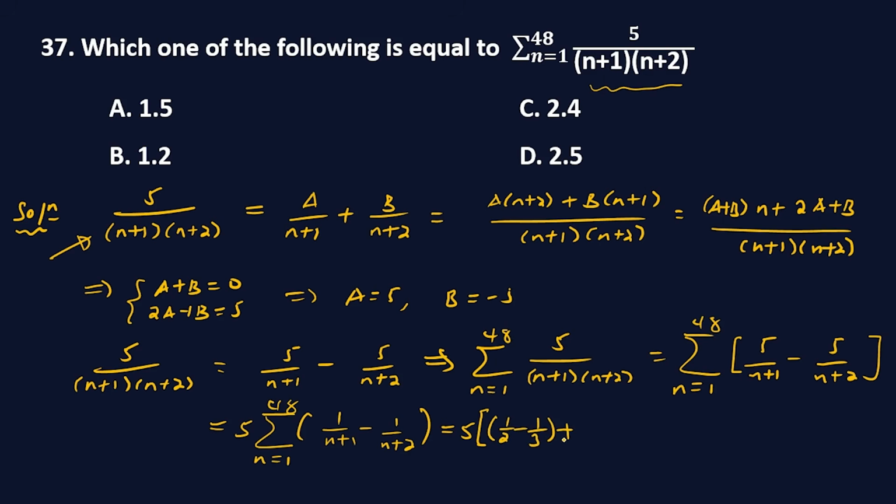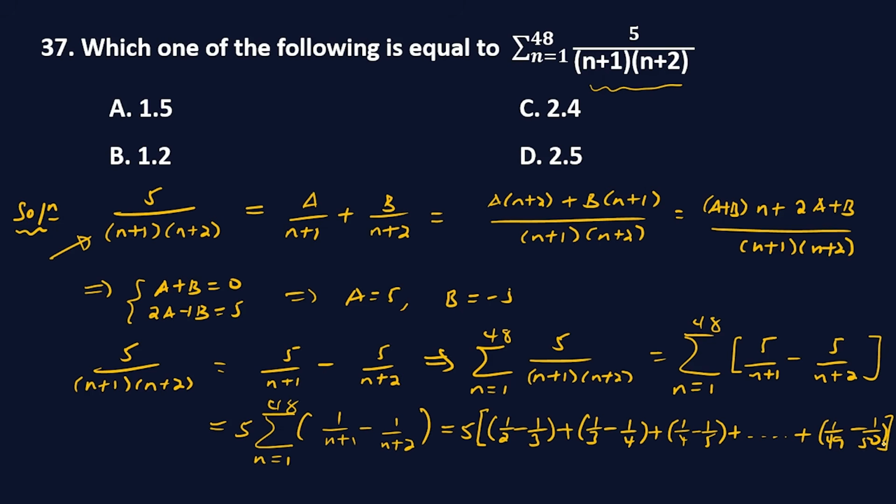The second term n = 2 በማድረግ የምታገኙት ነው የሚሆነው: 1 over 3 minus 1 over 4. እያለ 3 ስትከቱ 1 over 4 minus 1 over 5 ይሆናል. Then the last term n = 48 ስናደርግ 1 over 49 minus 1 over 50 ይሆናል ማለት ነው.